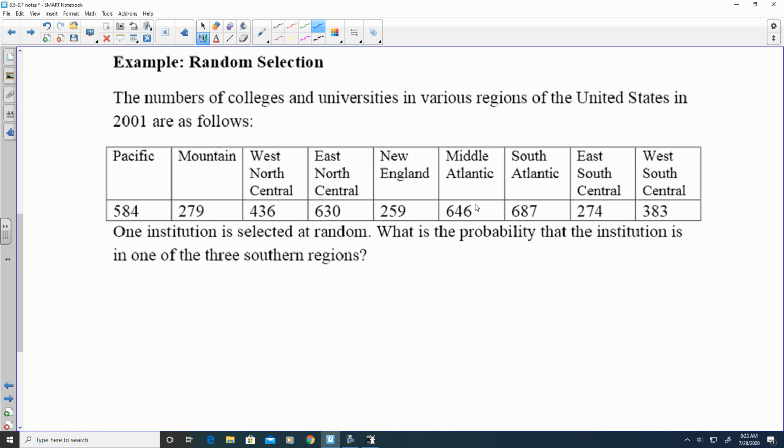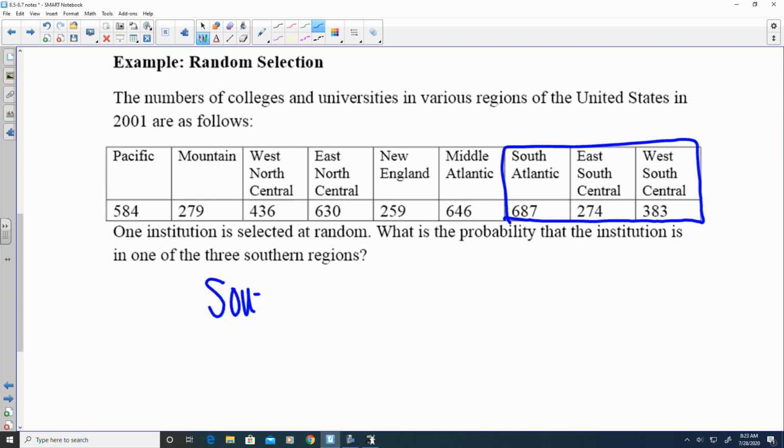Okay. The number of colleges and universities in various regions of the United States in 2001 are as follows. One institution is selected at random. What's the probability the institution is in one of the 3 southern regions? So these 3 are the southern regions.